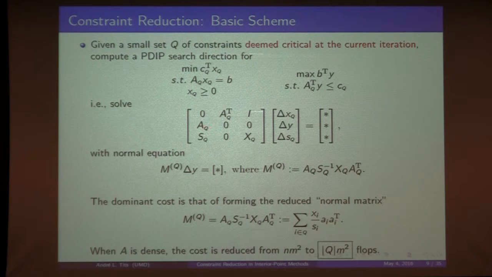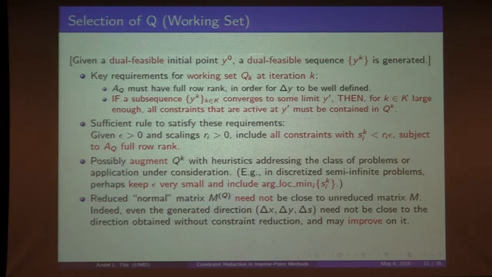The A matrix of the original problem, usually people do pre-processing on it and it has full row rank. Now A_Q depends on Q, which you will change at every iteration. So you cannot do pre-processing on there. So A_Q may not be full row rank. So there's a difficulty there.